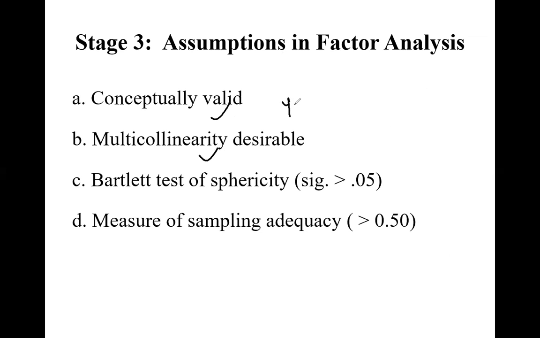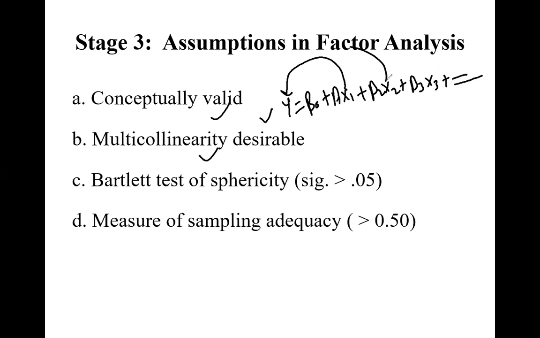Second is multicollinearity. What is multicollinearity? It is like beta 0 plus beta 1 x1 plus beta 2 x2 plus beta 3 x3 and so on. The independent variable should be highly correlated with the dependent variable.